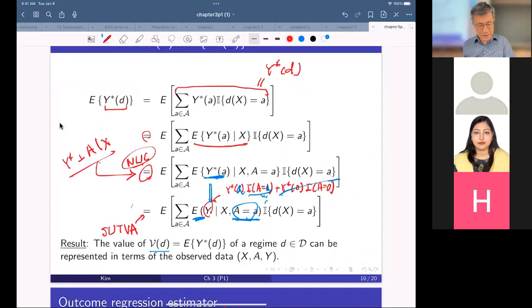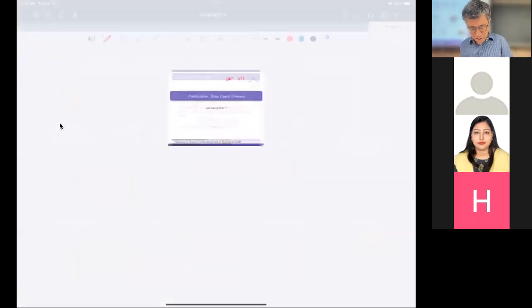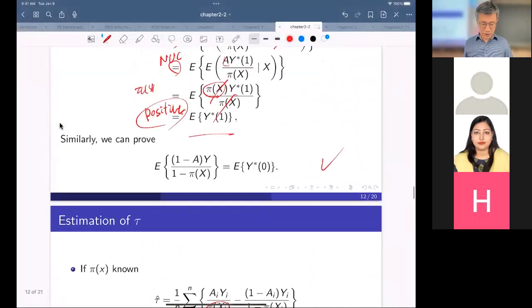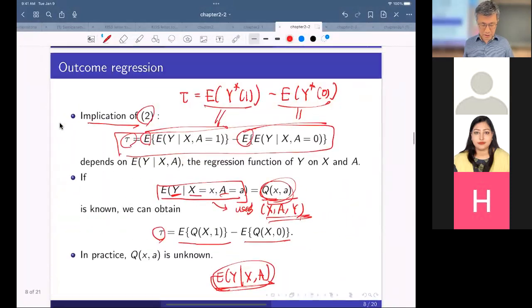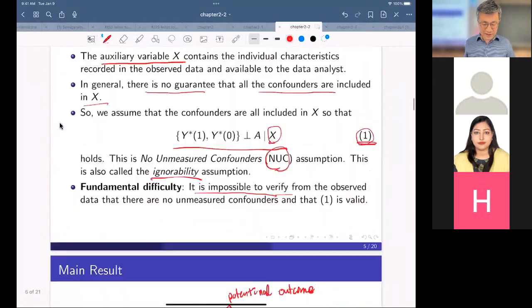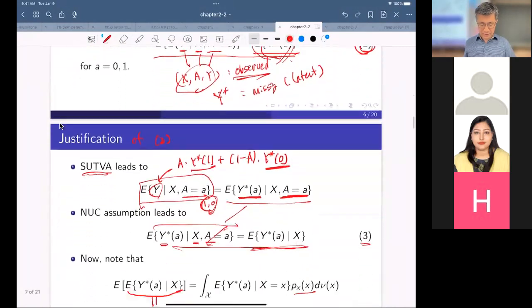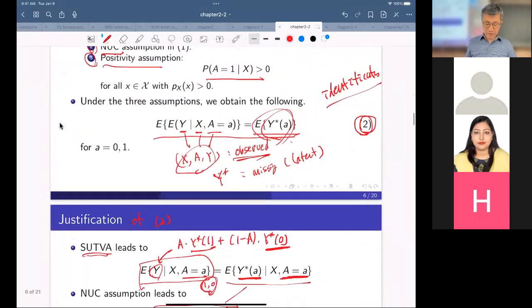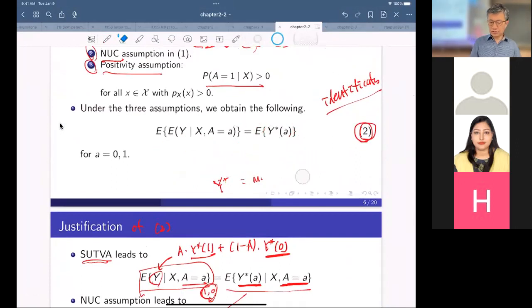If you remember, that's exactly the same question you would get for establishing equation 2. This is the potential outcome with respect to A. So this is actually exactly the same version, right?